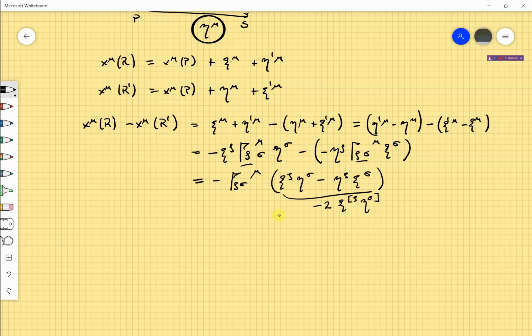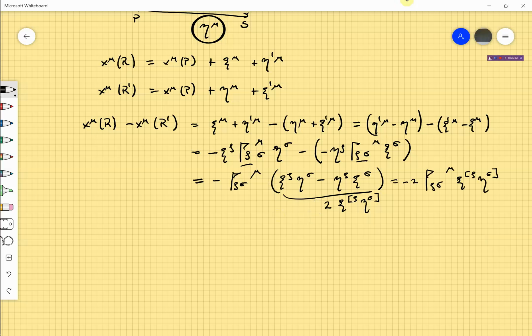This factor of 2 takes care of the 1/2 that we introduced in the antisymmetrization with weight 1. The minus sign was from here. So it is minus 2 gamma rho sigma mu psi rho eta sigma.